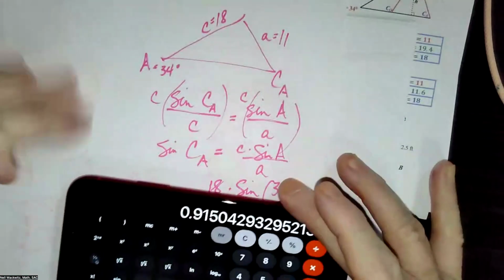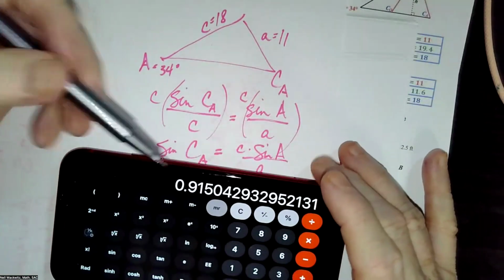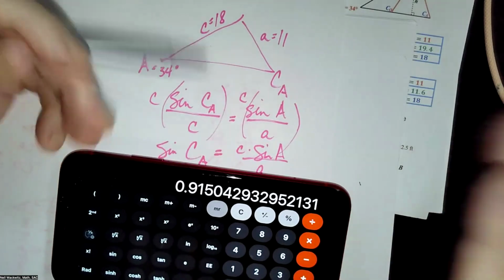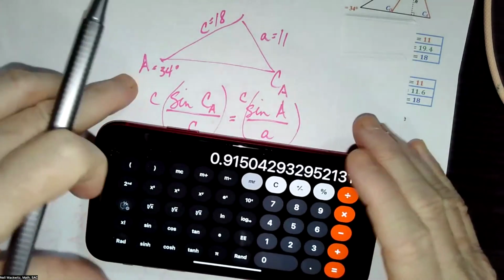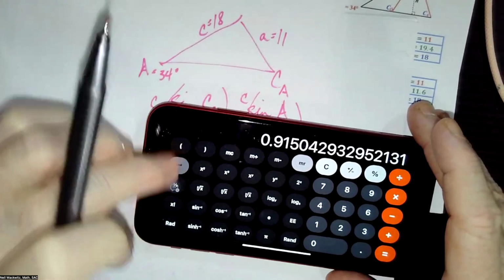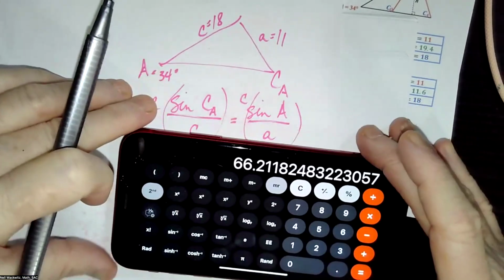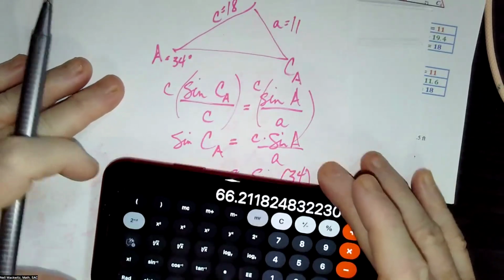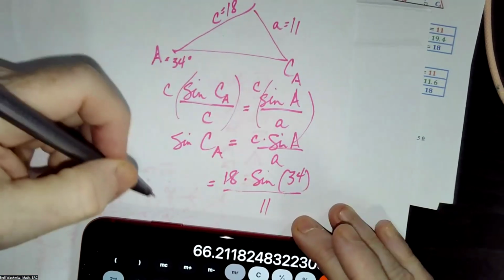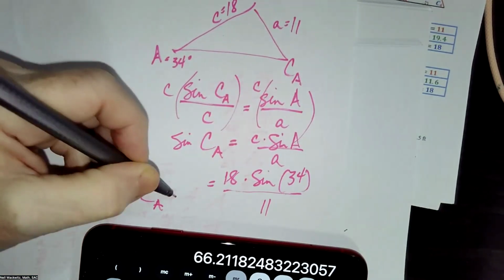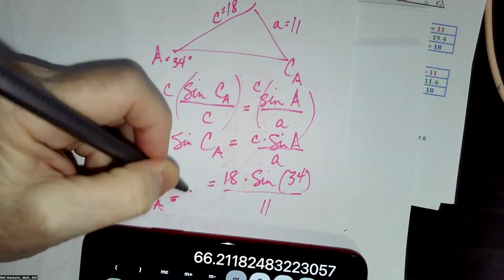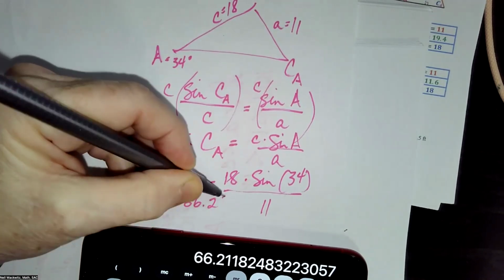So we know that the sine of angle C is 0.915, blah, blah, blah. Let's take the inverse sine, and we get that the acute value of angle C is 66.2 degrees.